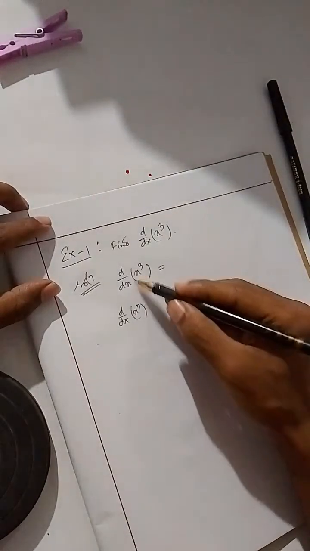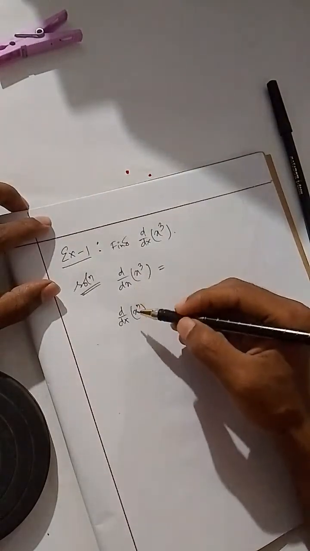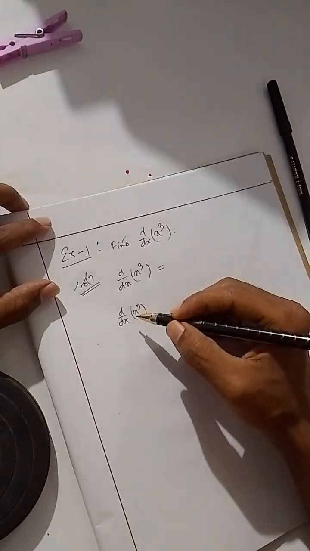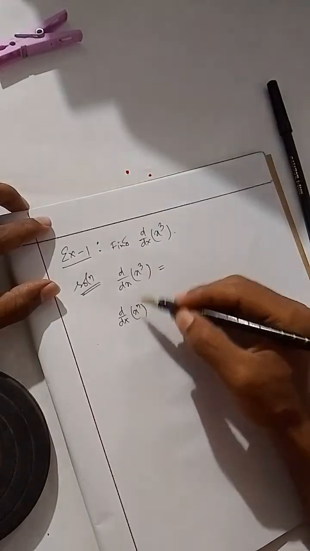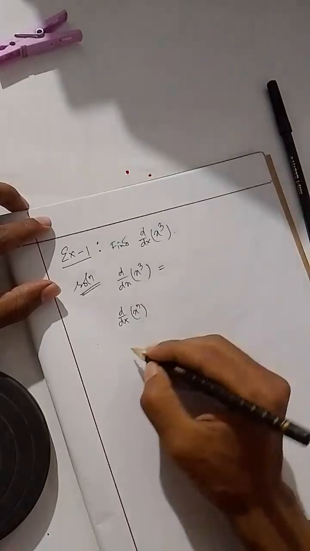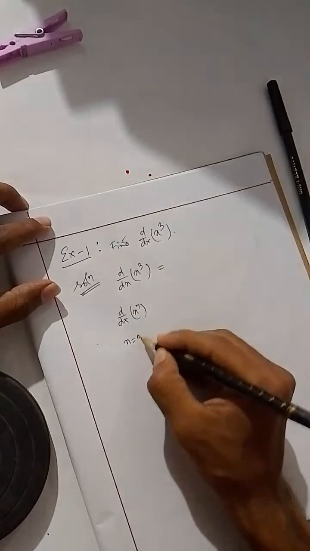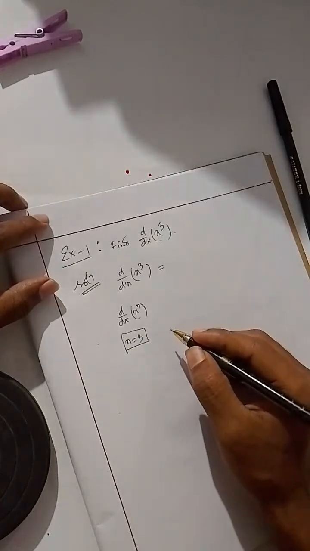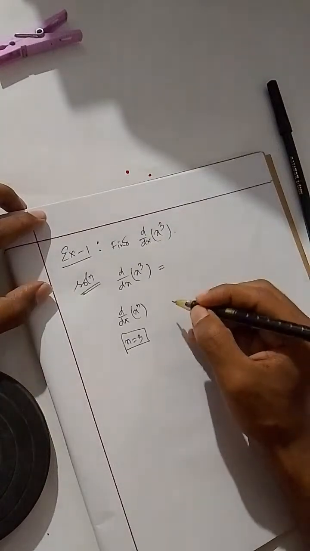If you compare these two, you will get n equals 3. So the answer is 3x squared.